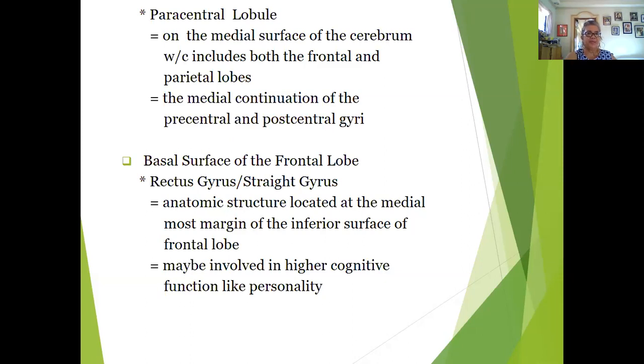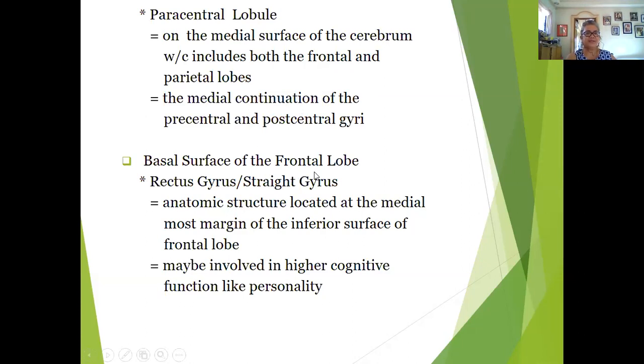Remember, your precentral gyrus belongs to your frontal lobe, while your postcentral gyri will belong to your parietal lobe. And in between them, you will have the Rolandic fissure.